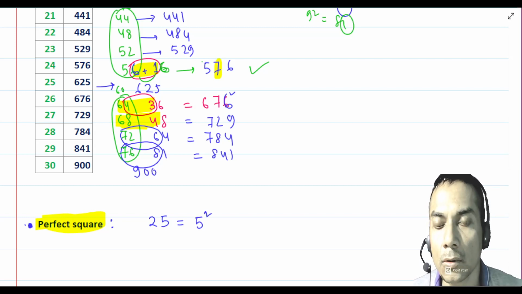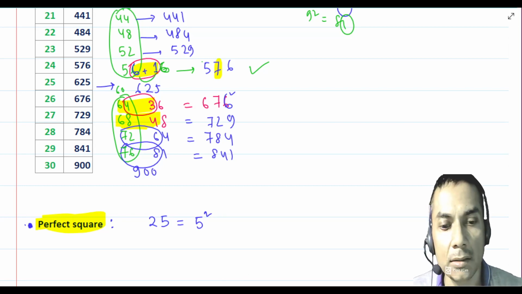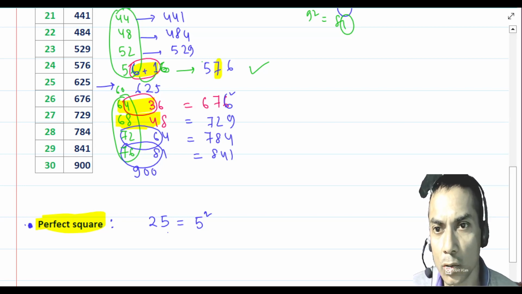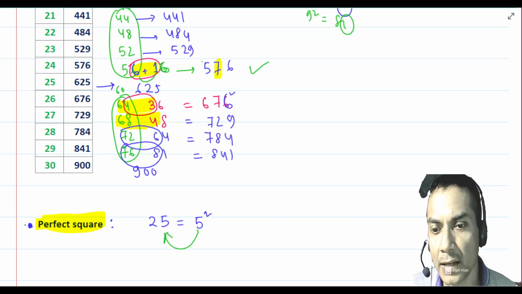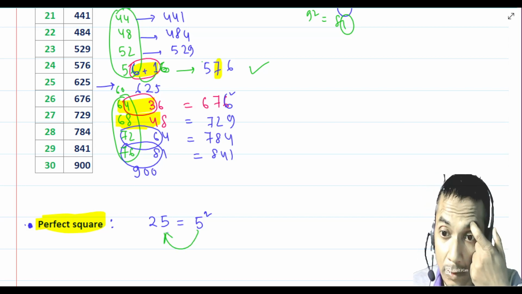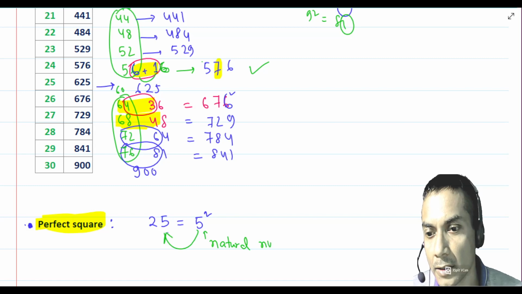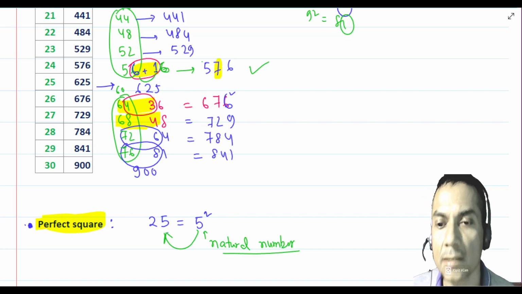So 25 is a square of a natural number. 5 is a natural number. Clear?